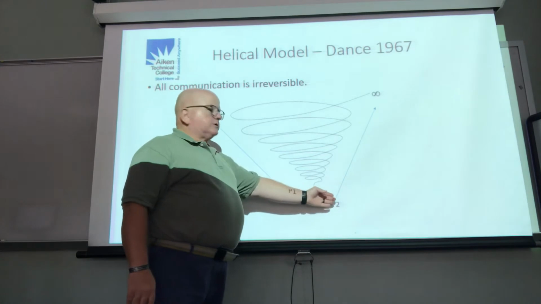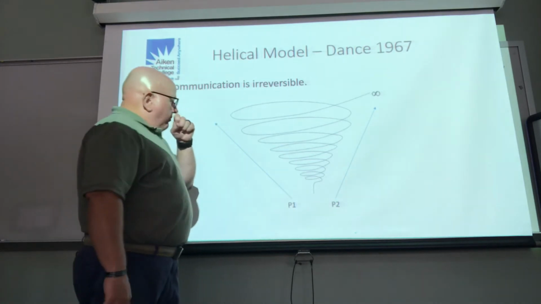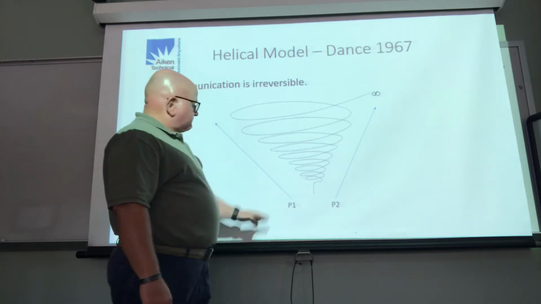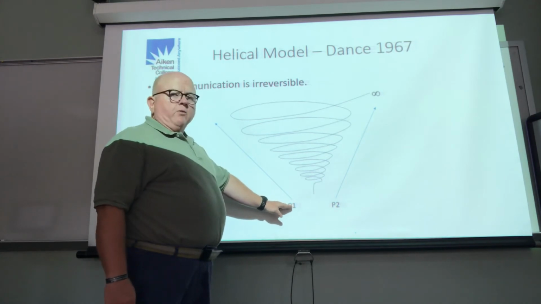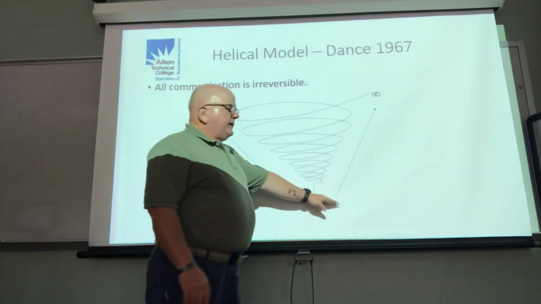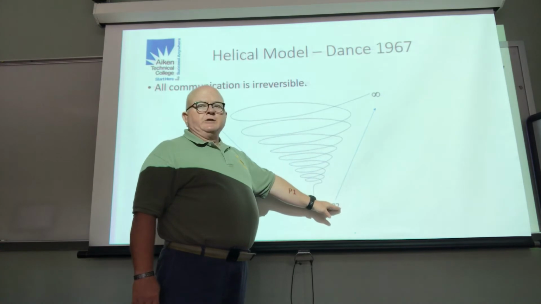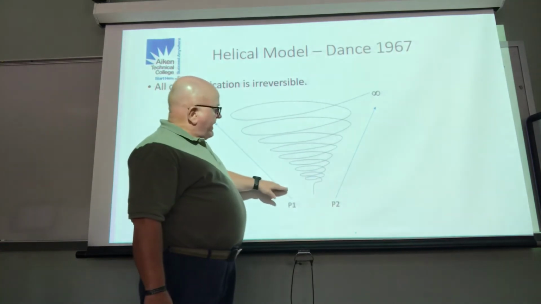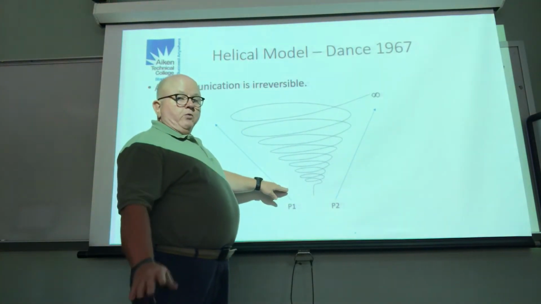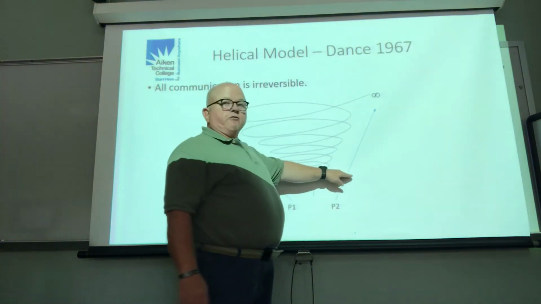So P1 talks to P2. When P2 responds, P1 is no longer where they were here. Their engagement with P2 changes the nature of the relationship. So they are now up here. P1 then responds to P2, and it's over here.